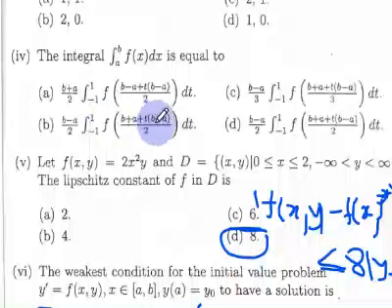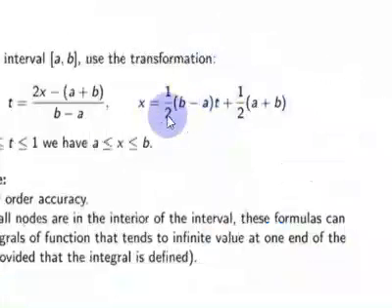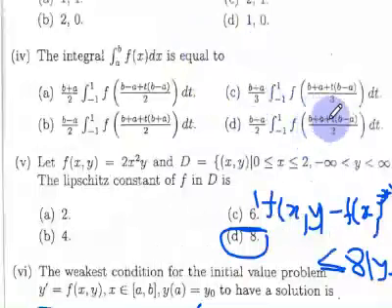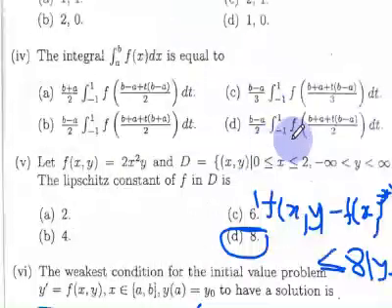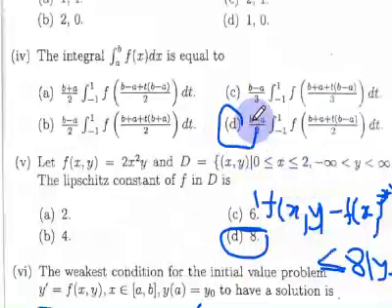Then check this transformation, one half of b minus a times t plus b plus a. All right, let's check that one. b plus a plus t times b minus a. This is the correct answer, right?